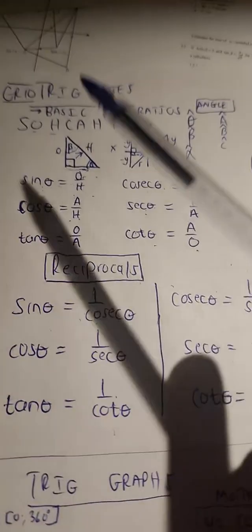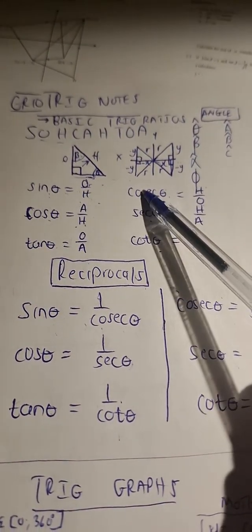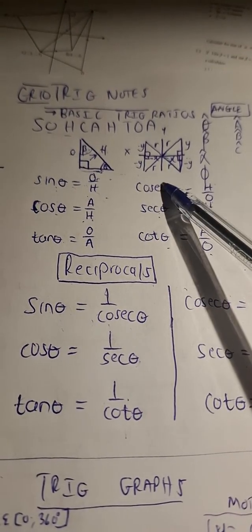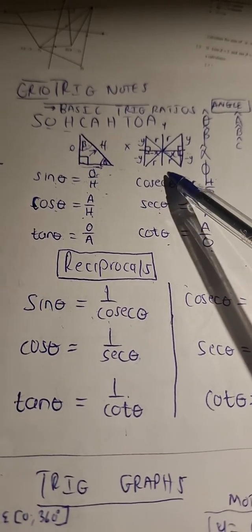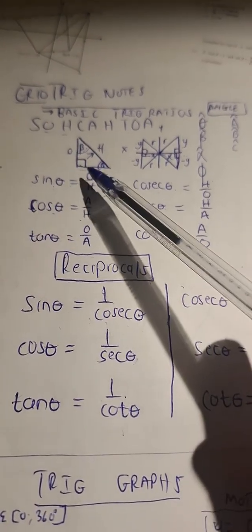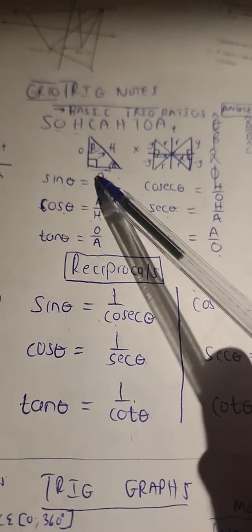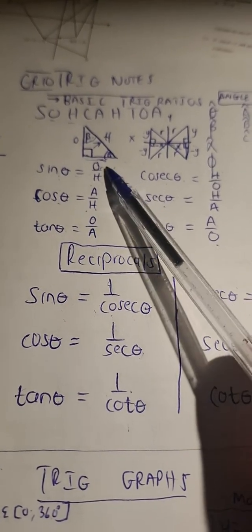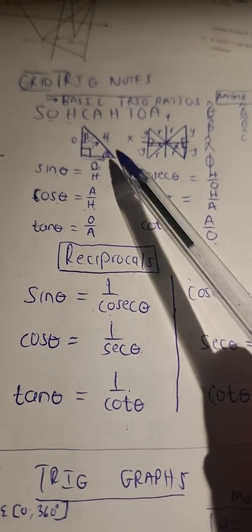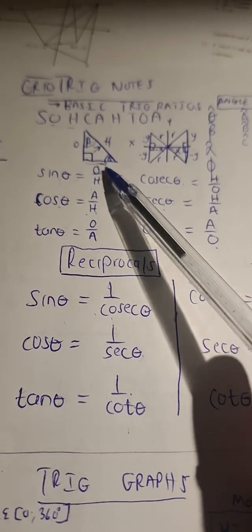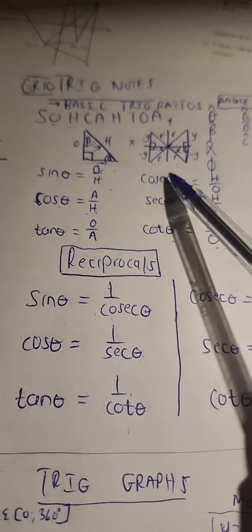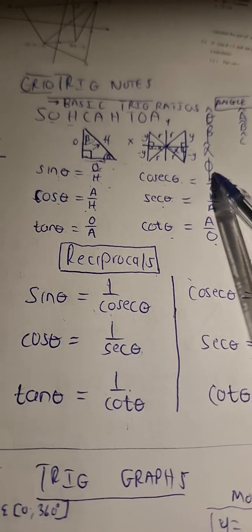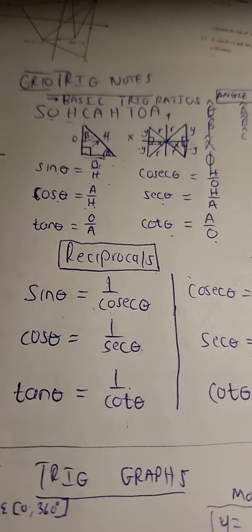Okay, because as I said to you, sine and cosec are reciprocal trig ratios. Do you understand the word reciprocal? They are inverse trig ratios. Sine, by definition, unless you don't even know what sine is by definition, because if that is the case, then the problem is even there. All right, sine theta is opposite over hypotenuse. But cosec is the opposite of this. Cosec is hypotenuse over opposite.